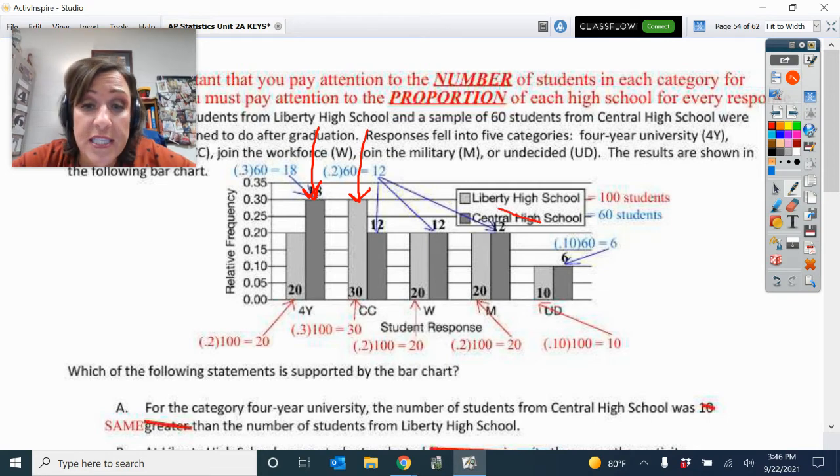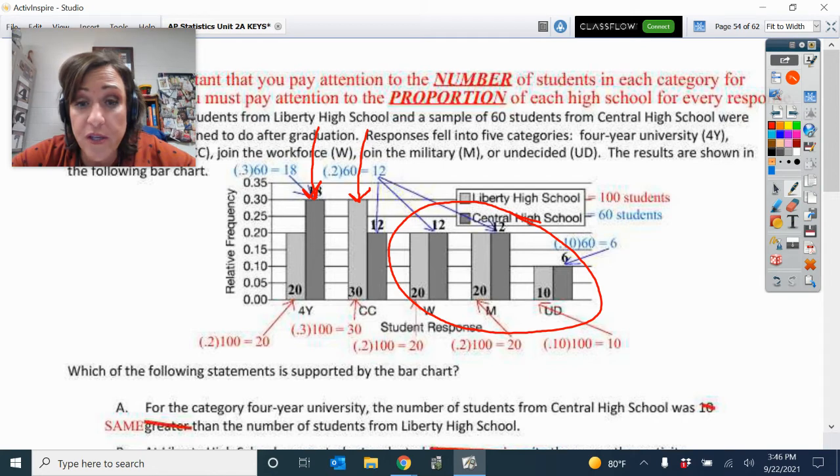It is interesting to note that the proportion of students from Liberty and Central High School who go into the workforce is both 20%. Okay? The proportion of the students from Liberty and Central High School who go into the military are both 20%.